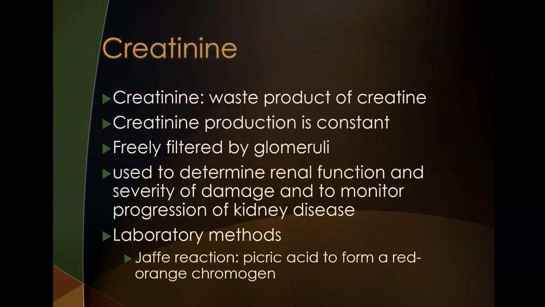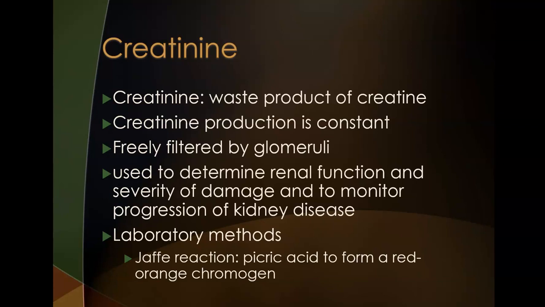All right, creatinine. It is a waste product of creatine, and creatine is related to muscle function and muscle mass, used to make creatine phosphate, which is a storage form of ATP in muscle. So creatinine production is constant, and it is related to muscle mass.